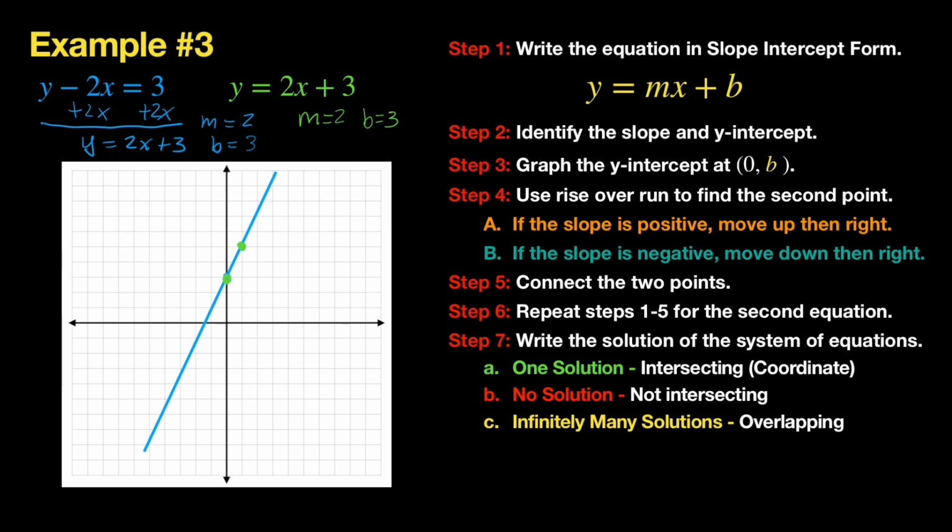So in this case, we know that because one line is overlapping the other one, this is going to be infinitely many solutions. And that covers the 3 different solutions for solving system of linear equations through graphing.